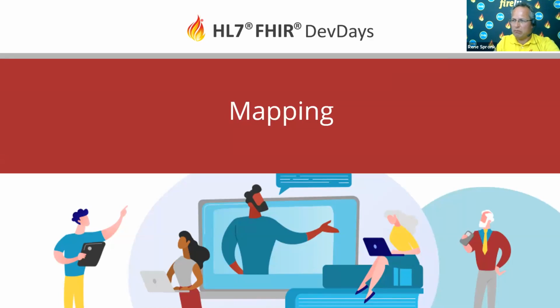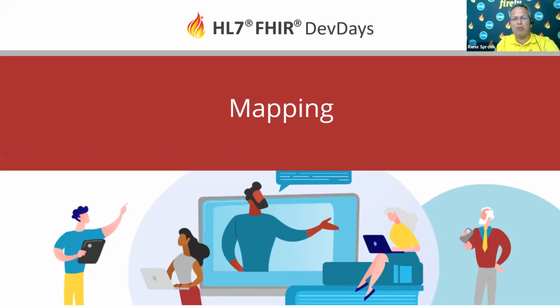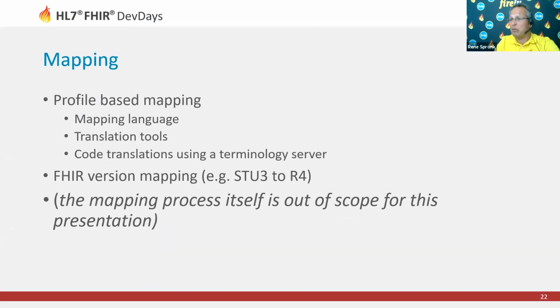So we have cleansing, enriching, and then we have mapping. And that's a much shorter section. Because again, there are other presentations during these DevDays that focus on mapping, for example the FHIR mapping language. And quite a lot of people use tools like Cloverleaf or some of the other industry standard translation tools, basically to translate.